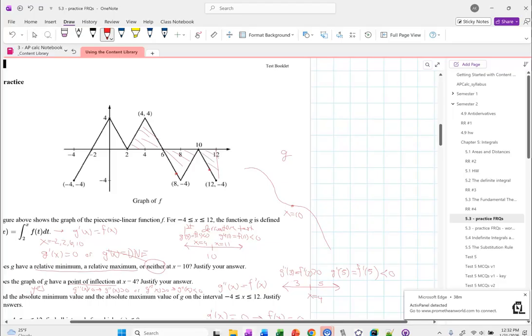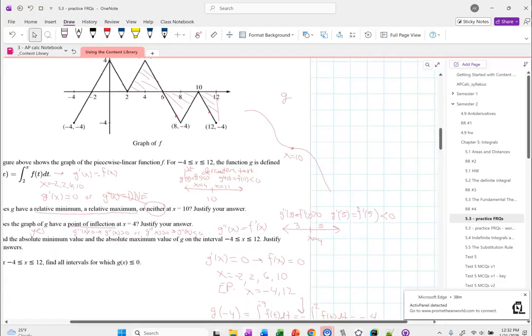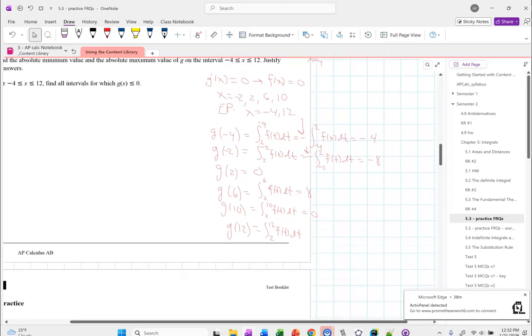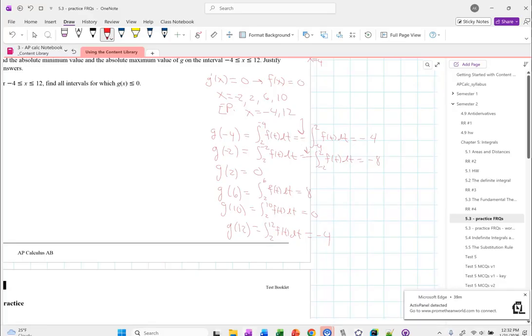So these two cancel out. This area is -4, right? 2 times 4. Is that the same as the first one? Yes, it is the same as the first one. You could notice that that's the exact same triangle we drew in the first case. So there's my absolute minimum, there's my absolute maximum.